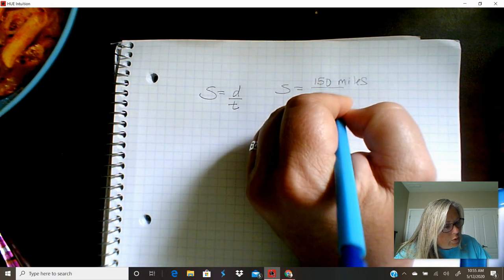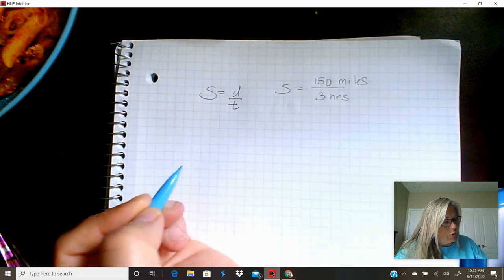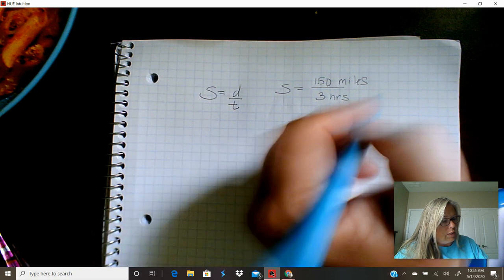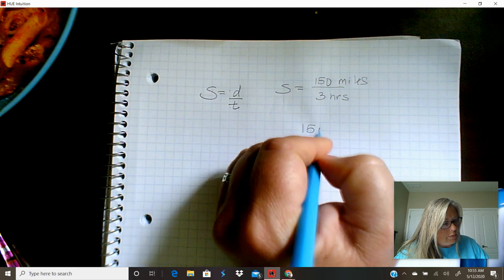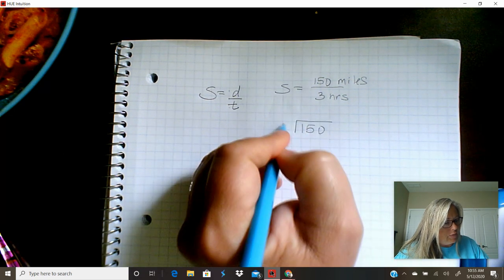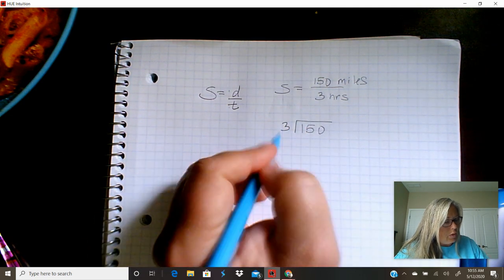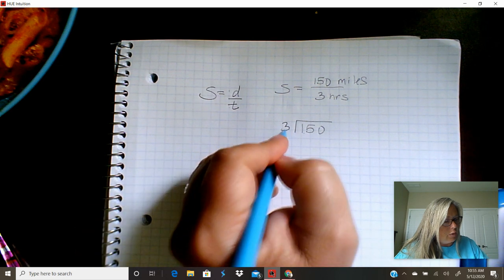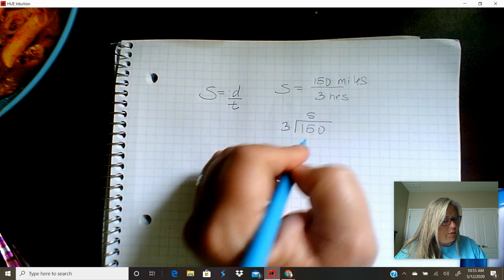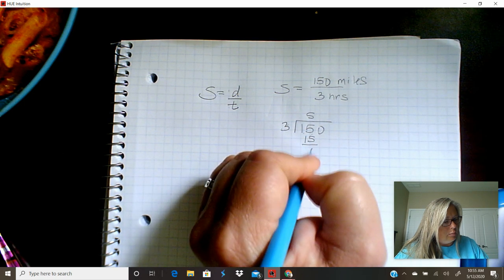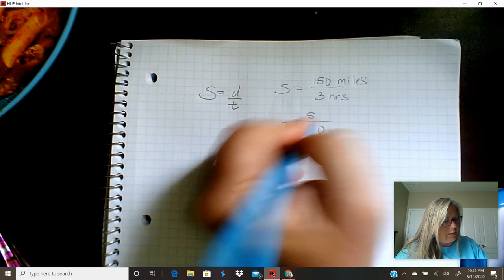So we drove 150 miles in 3 hours, and I know that my formula is distance divided by time. So I'm going to turn this into a division problem. 150 divided by 3. I know I can't divide 3 into 1, so I can do 3 into 15, and that's 5. 3 times 5 is 15, and then bring my 0 down and add a 0 here.